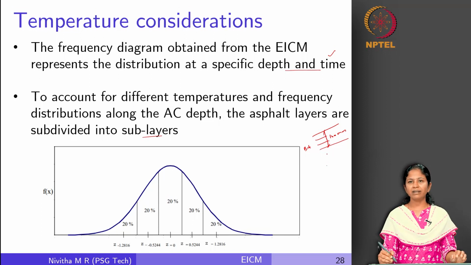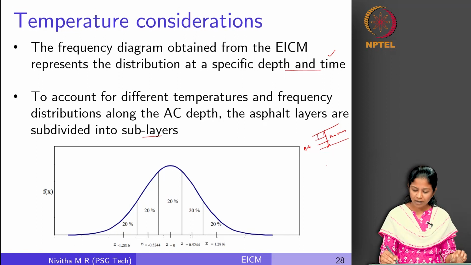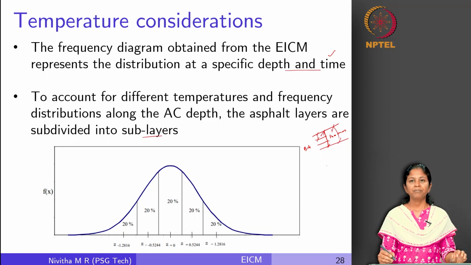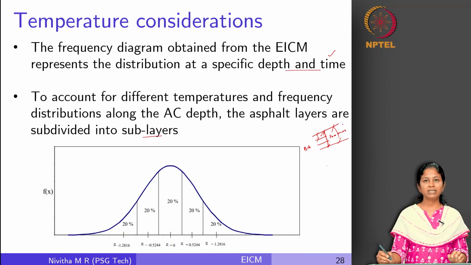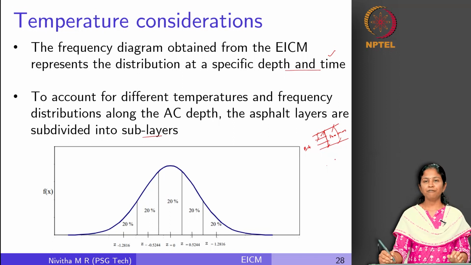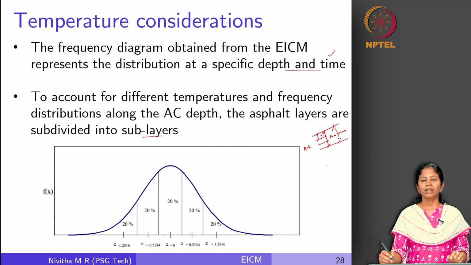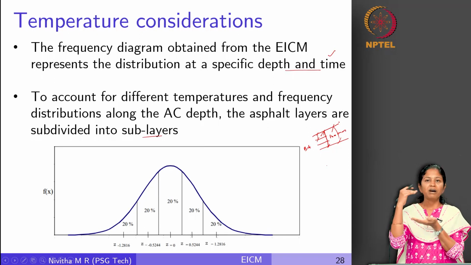This is more relevant because for a particular layer we can use one average temperature value instead of using one value over this entire depth. We had seen how much it will influence the modulus in one of the previous lectures. Similarly, for granular layers, the sublayering is important because we said the confining conditions are going to be different along the depth of a given layer.